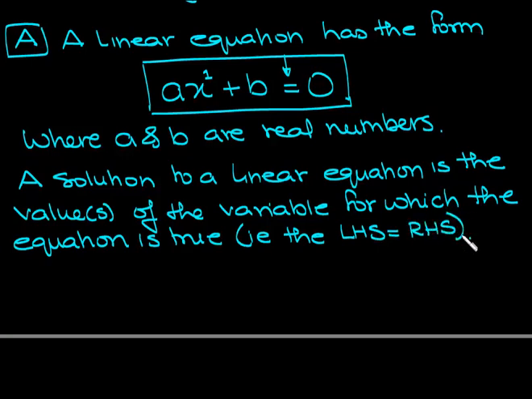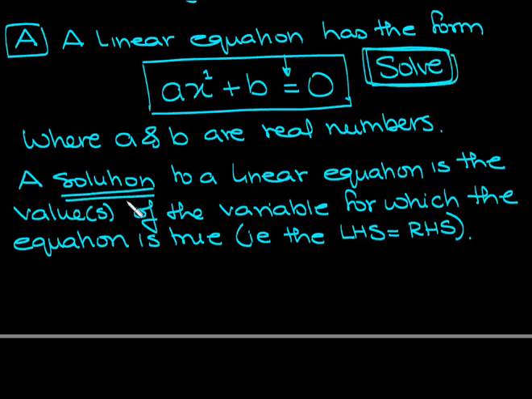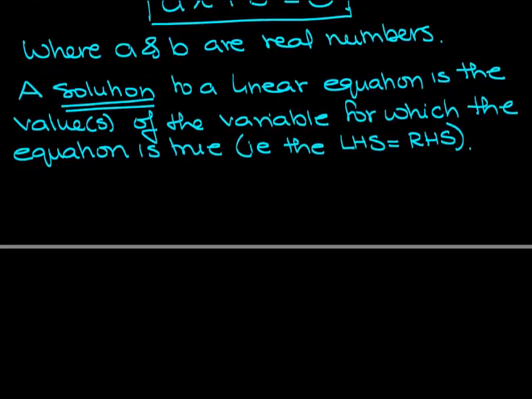Our goal in this section is to solve linear equations. When we solve a linear equation, we find something called a solution. A solution to a linear equation is the values of the variable for which the equation is true. That means the left hand side is equal to the right hand side. So our goal is to find the solution. How do we go about doing that?